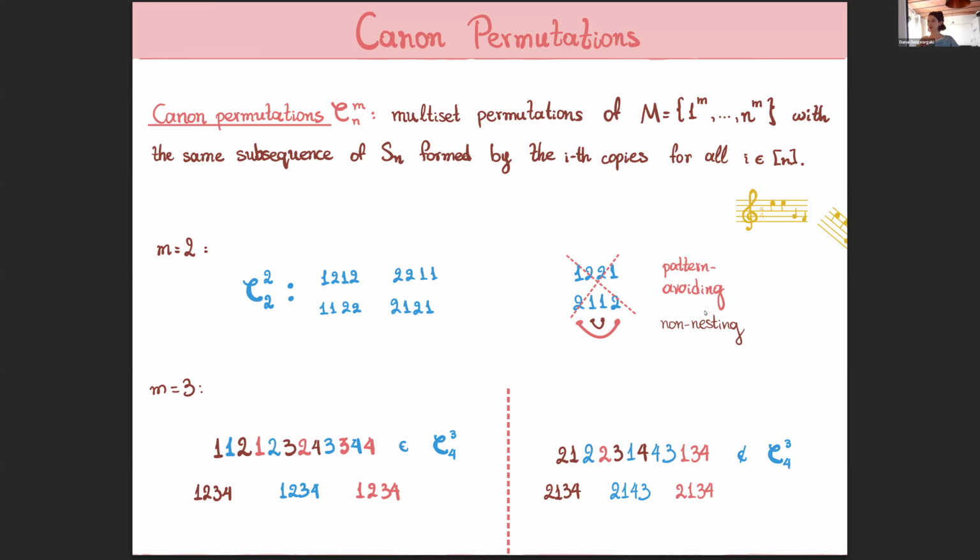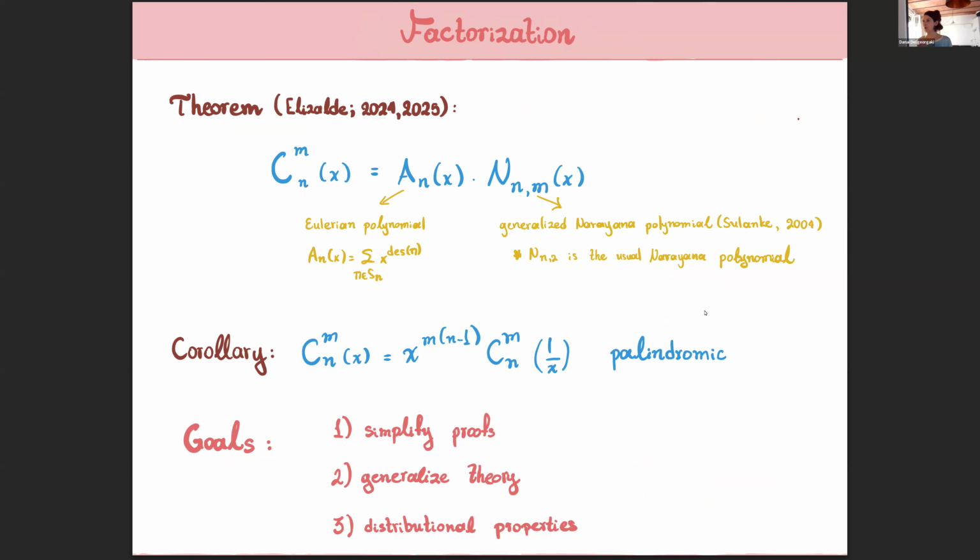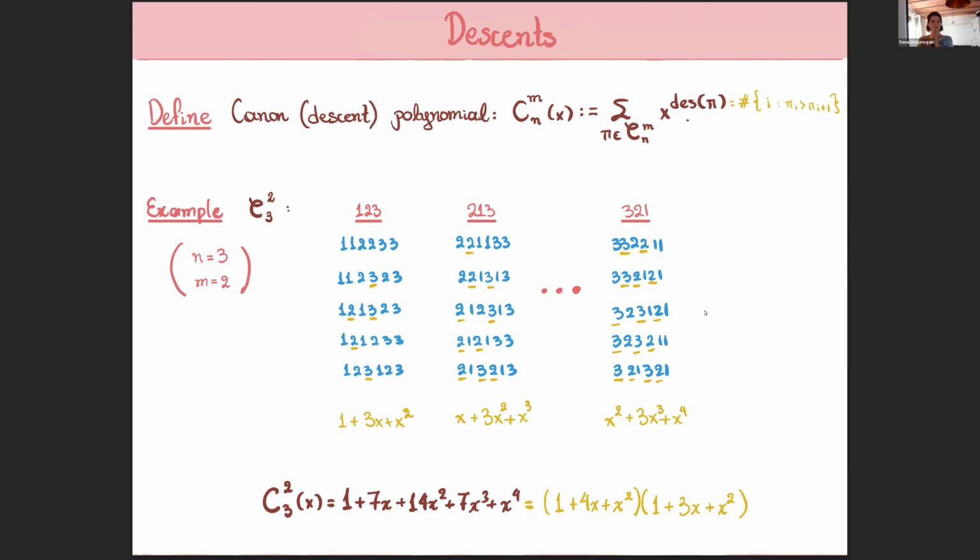Great, and we're going to care about a certain statistic on them, the descents. So we're going to call a Canon descent polynomial, or simply Canon polynomial, the descent generating polynomial for Canon permutations for given n and m. And here by descent, I mean the positions in the permutation where the value drops, that are underlined in the example.